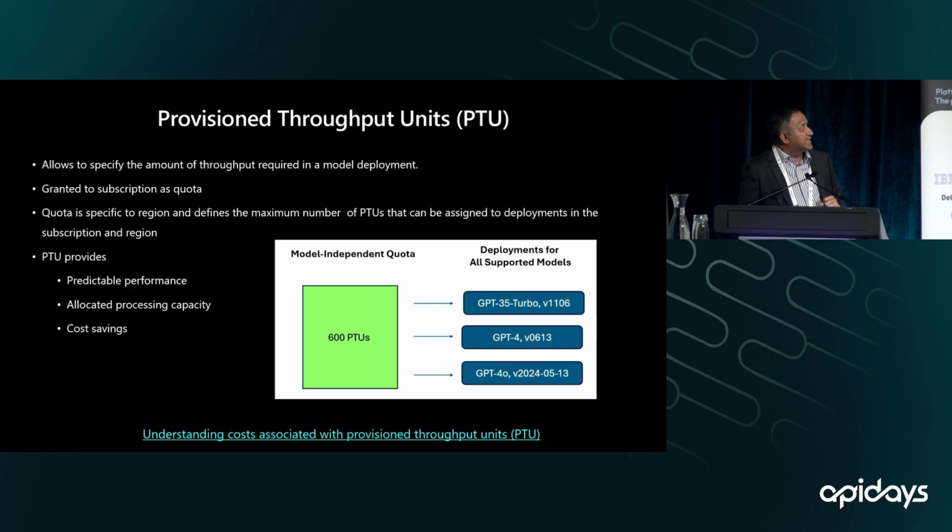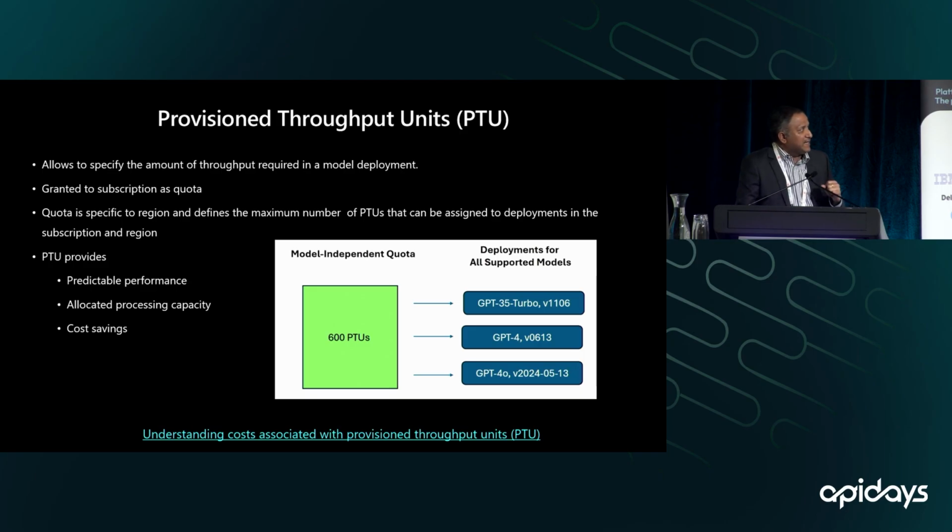Now, the next thing is about the limits at the model level or at the deployment level. And in this example, we can see there are 3 different models mentioned: the GPT-3.5 Turbo model, GPT-4, and GPT-4o. Now, all these models have a token and a quota limit at the deployment.